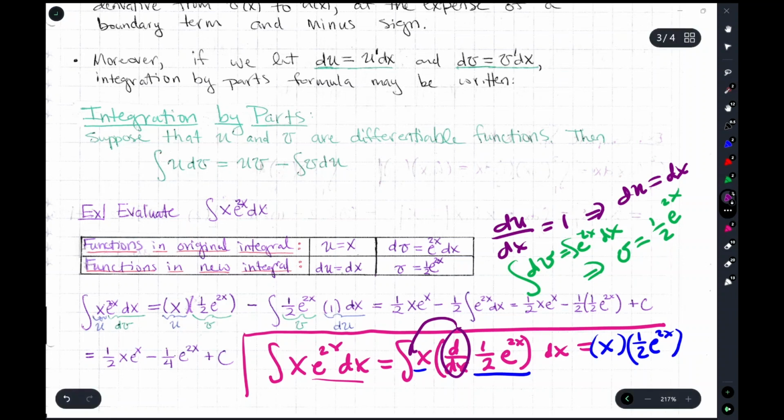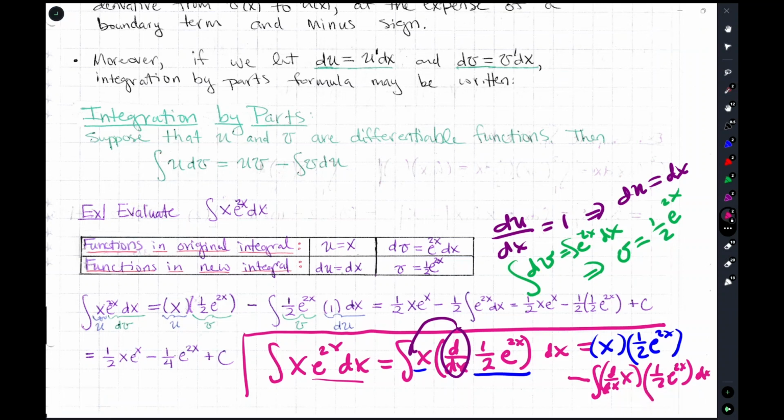And so now I'm allowed to switch the derivative, and now the derivative is applied on x instead of 1/2 e to the 2x. Okay, and then you end up with the same steps.